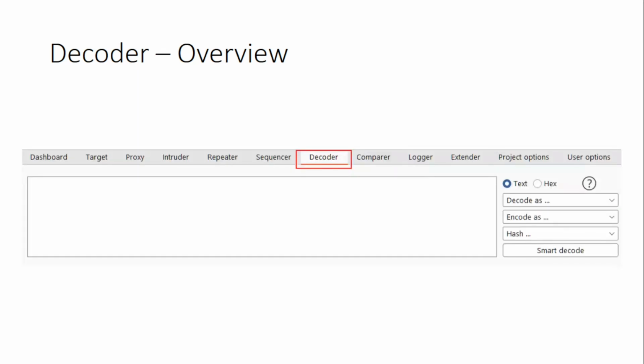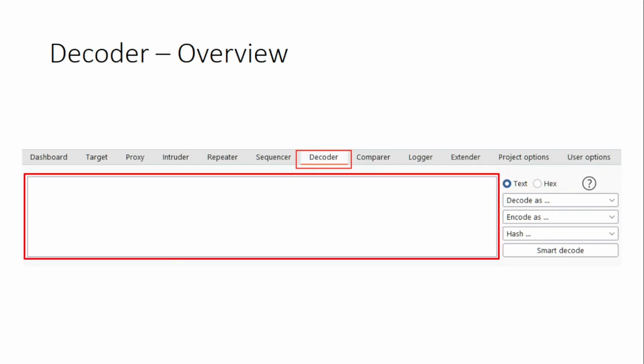If you look at the decoder tab, what we'll find here is first a box where we would paste and type text to be encoded or decoded. And like the other modules that we've seen before, we can send data here from other sections of the framework just by right-clicking and choosing Send to Decoder.